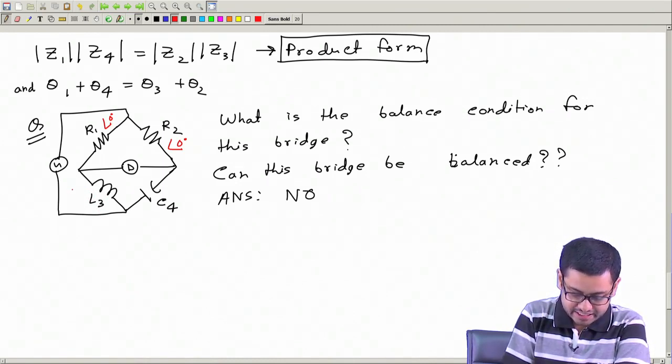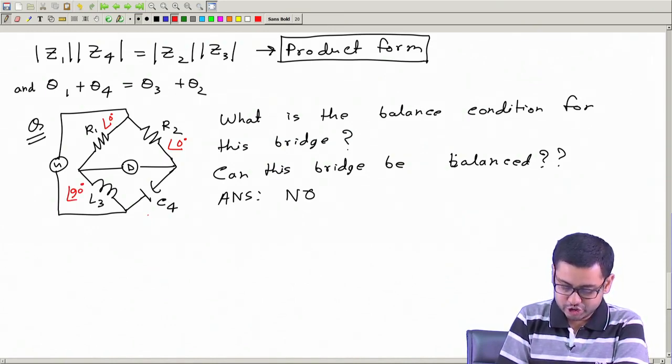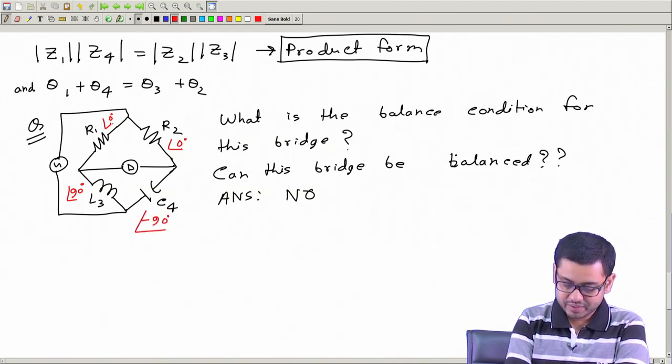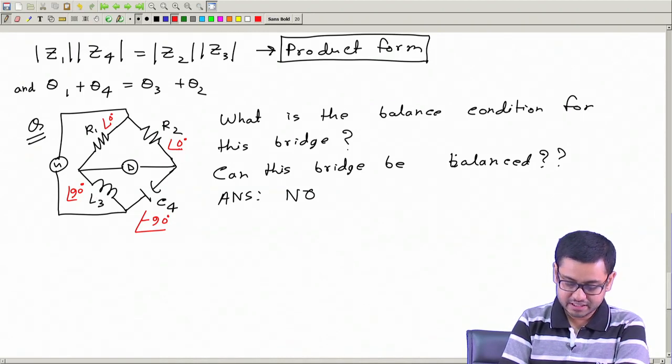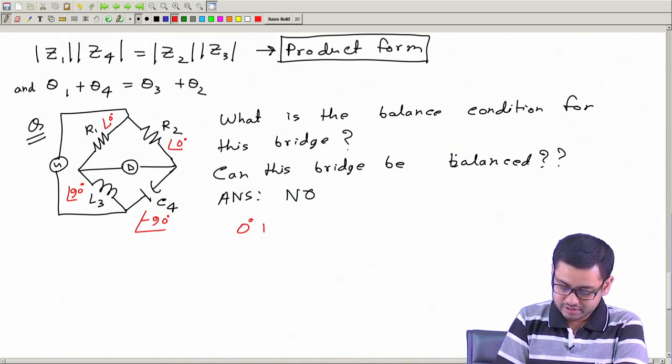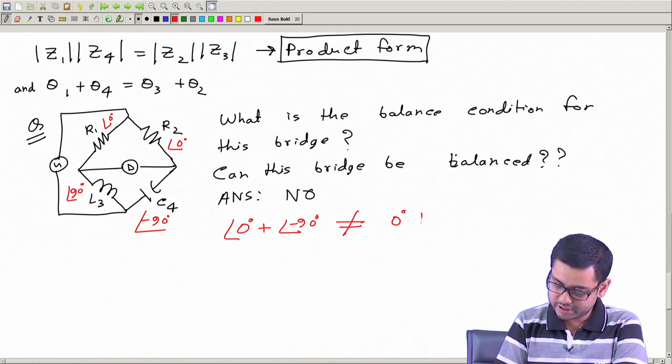It will be 90 degree, and for this it will be minus 90 degree. Now, if you take the sum of opposite sides, 0 and minus 90, it is minus 90, and here it is 0 plus 90, which is plus 90. So, 0 degree plus minus 90 degree is never equal to 0 degree plus 90 degree.